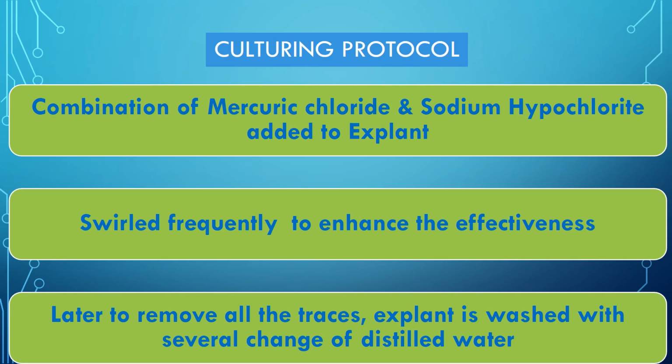During the sterilization process, the bottle containing the explant and the sterilant is whirled frequently to enhance the effectiveness. After this process, it is very vital to remove all traces of sterilizing agent by extensive washes with several changes of distilled water. Now the explant is ready for the culture.